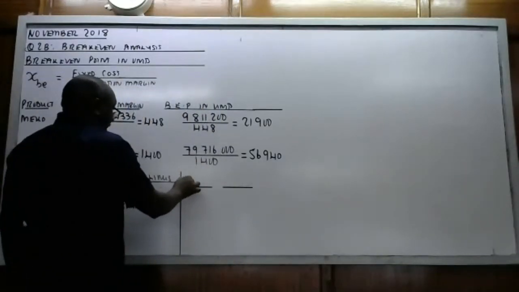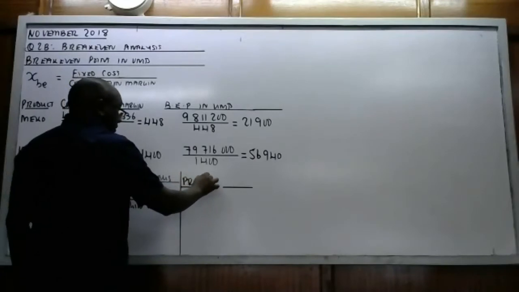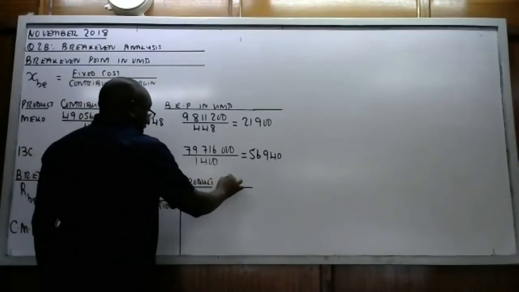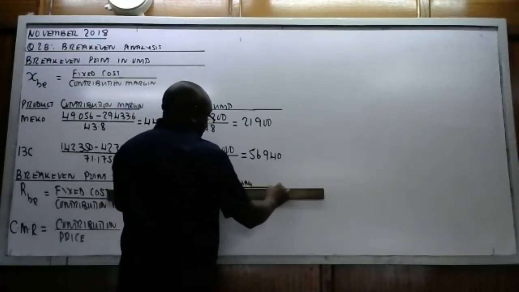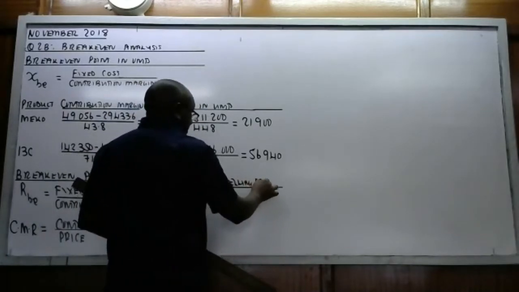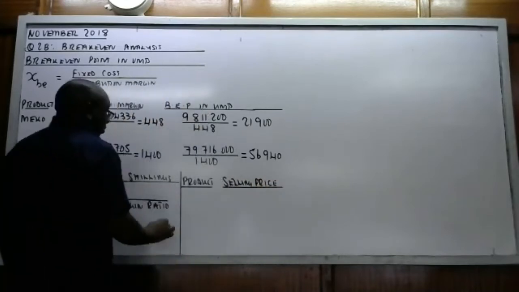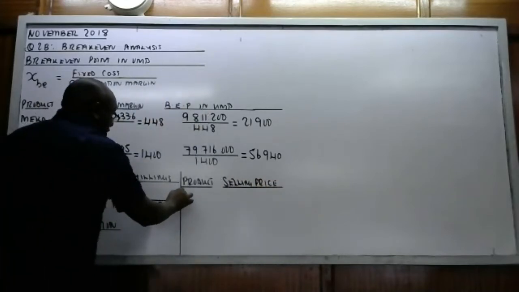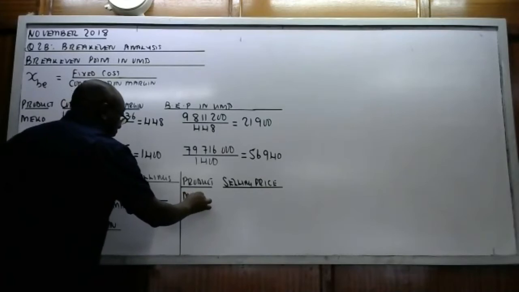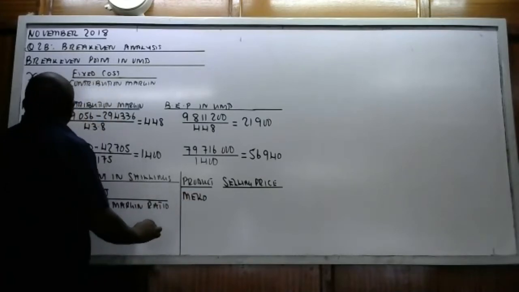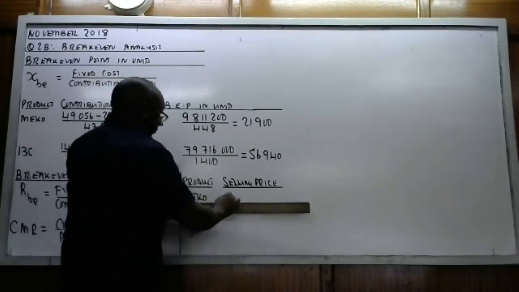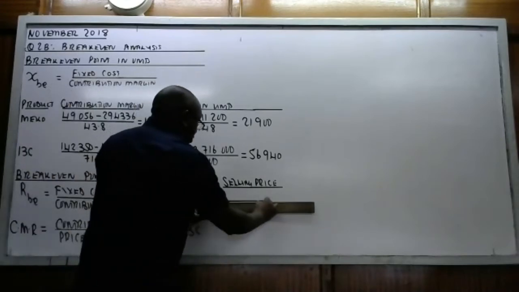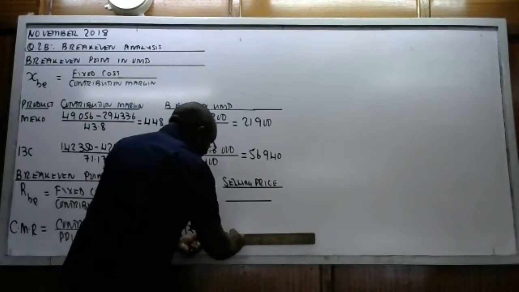I have the product here and selling price. So when I go to MECO, and then 13C, how do I get my selling price?